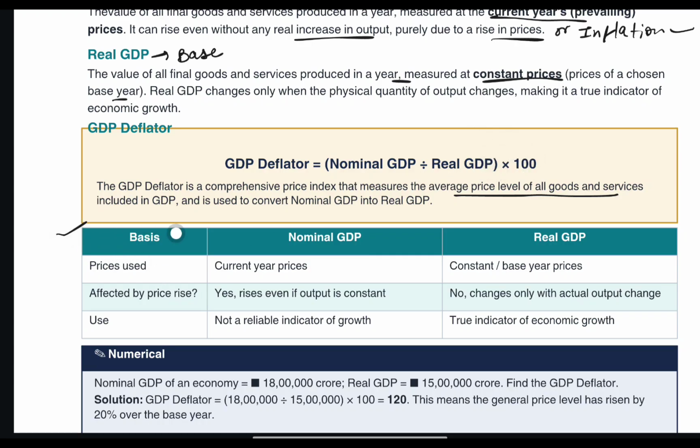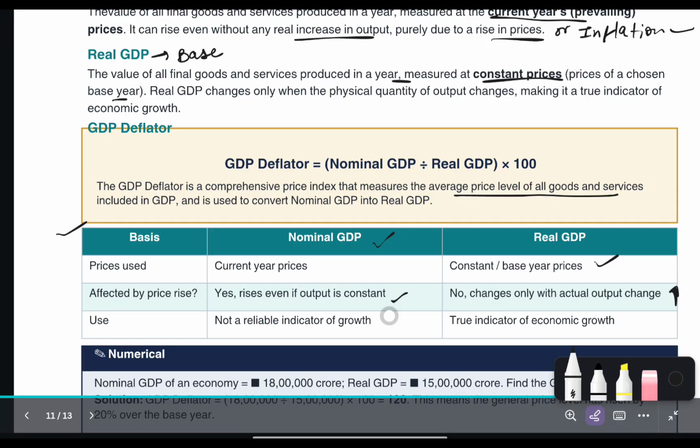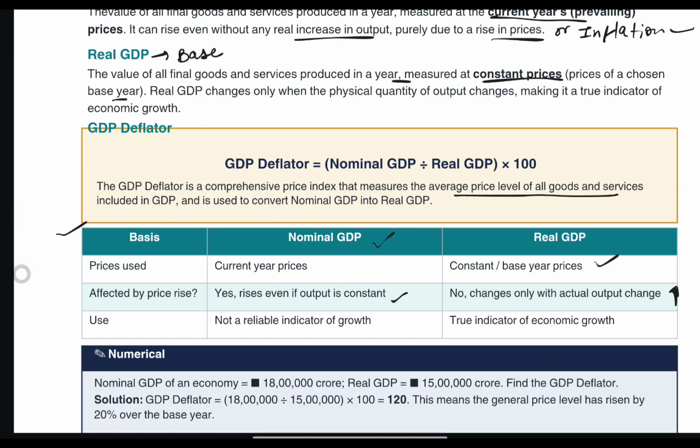The difference between nominal and real GDP is the price used. In nominal, current prices are used. In real, base price. Affected by price rise: nominal can rise even if output is constant due to inflation, but real will only change whenever actual physical output changes. Use: nominal is not a reliable indicator of growth because it can increase due to many factors, but real is a true indicator of economic growth.